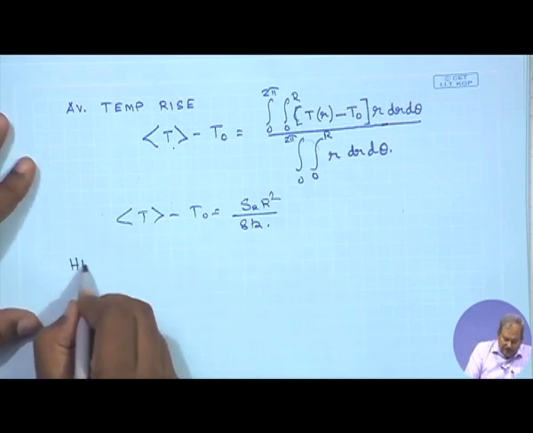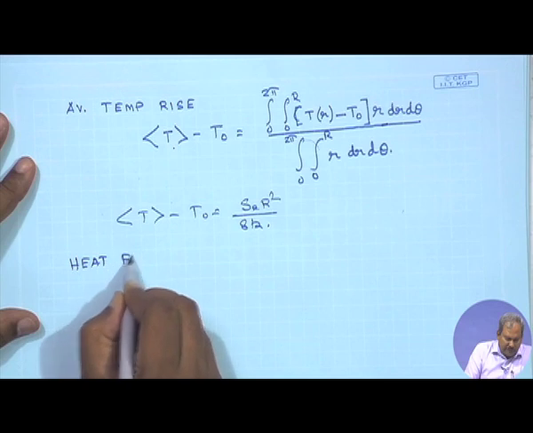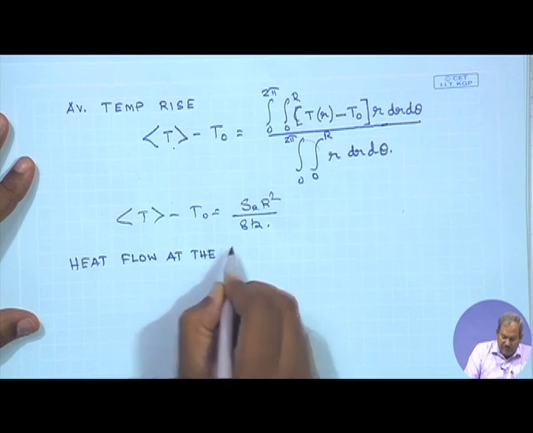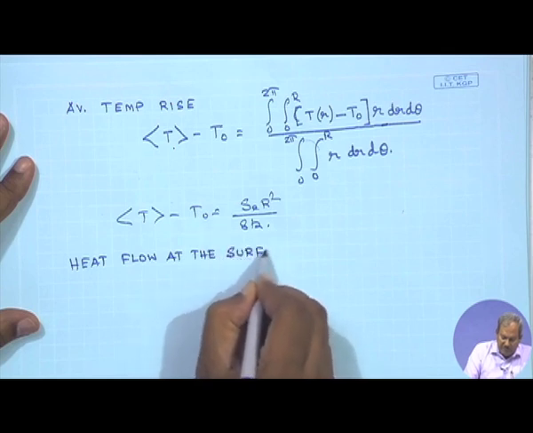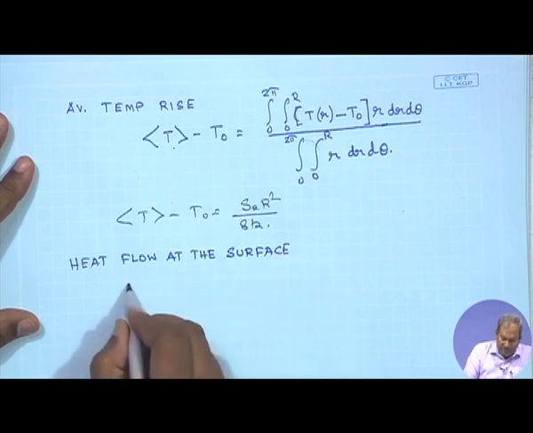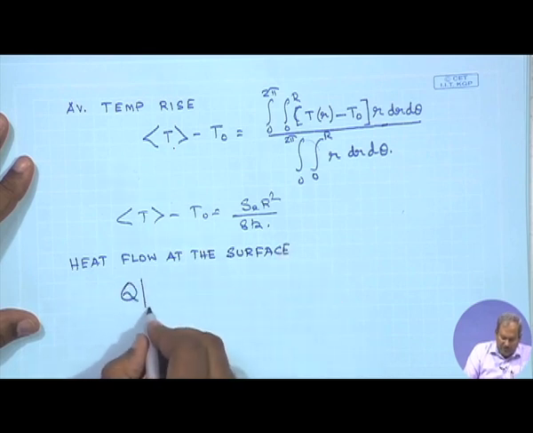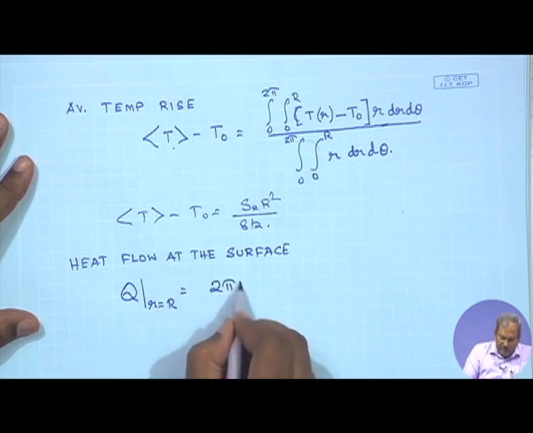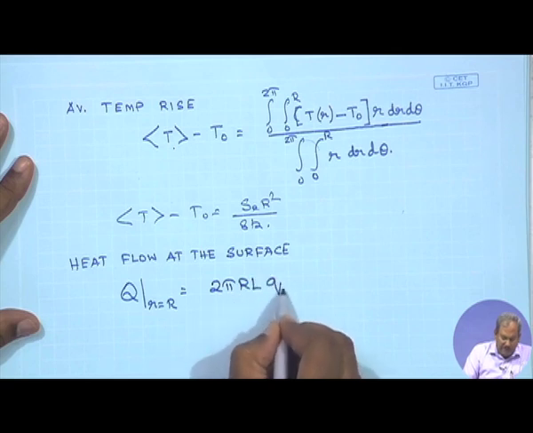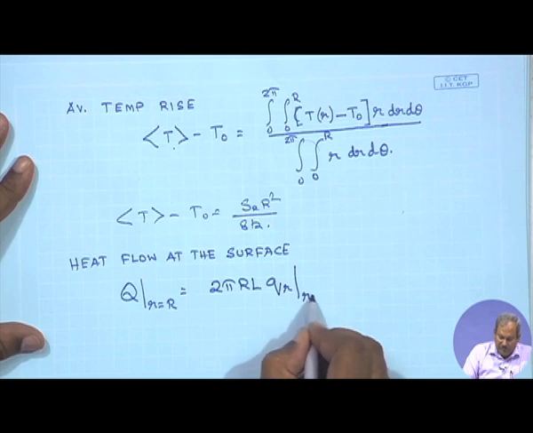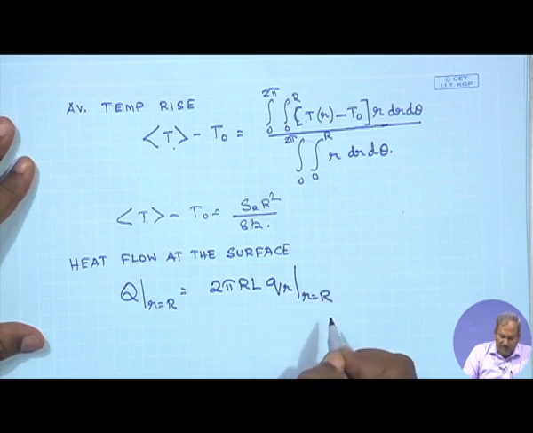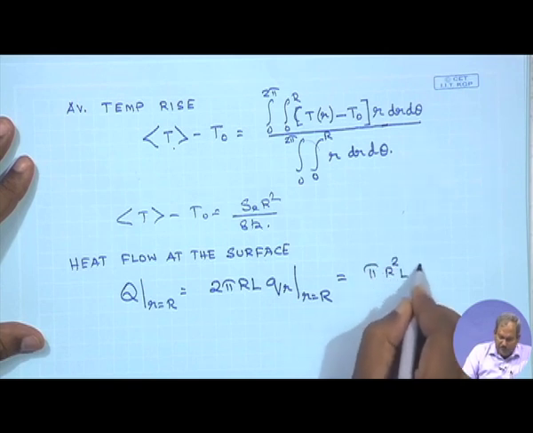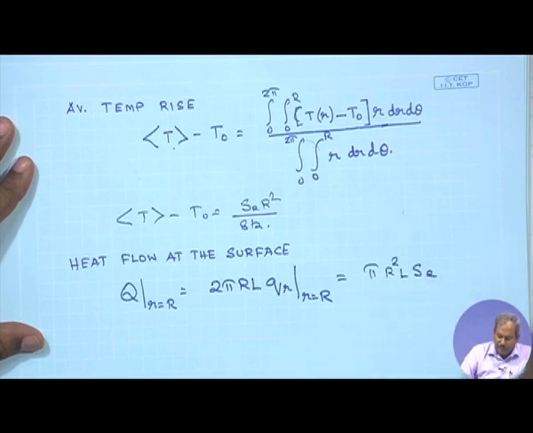And the last part that remains is the heat flow at the outer surface. The heat flow at the outer surface, if I denote it as Q at r equals capital R, should be equal to the area, which is 2 pi R L, multiplied by the heat flux evaluated at r equals capital R, which when you do it turns out to be pi R square L times S_e.